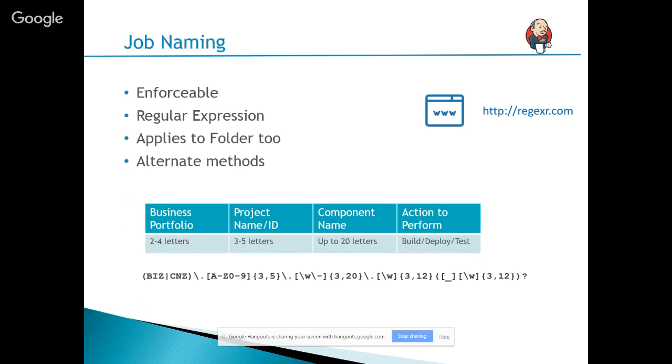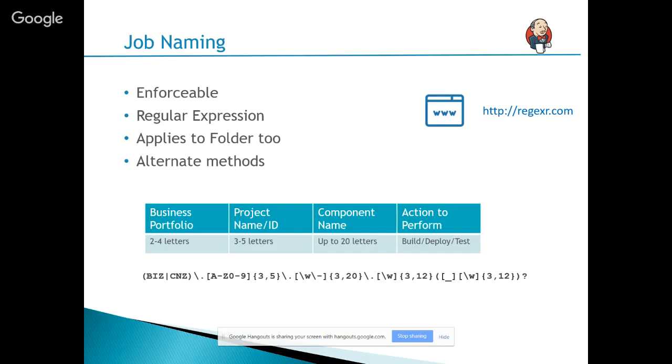Okay, job naming. It may sound not necessary when you start, but as you grow, for reporting purposes to your management, which project is having how many jobs? You go and fetch all of your jobs, pull out that information: how many build jobs are there, how many deploy jobs are there, how many deploy jobs are configured for non-prod environment.